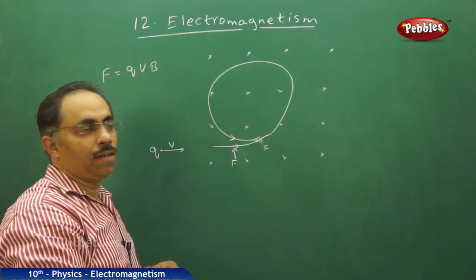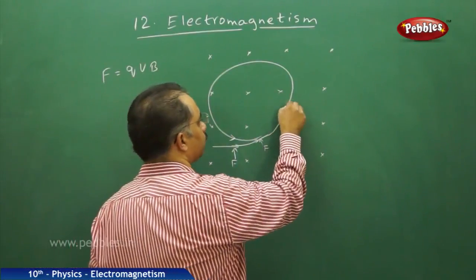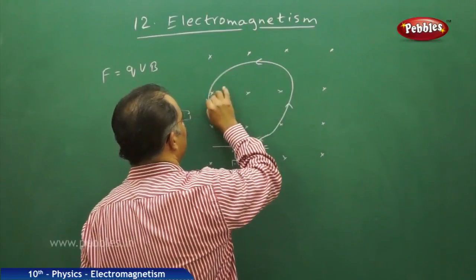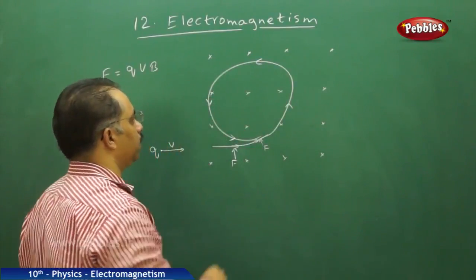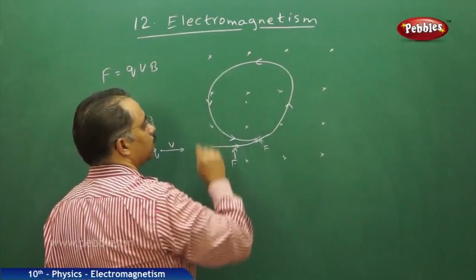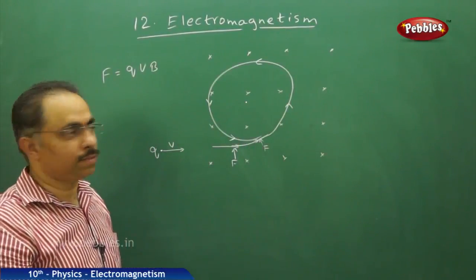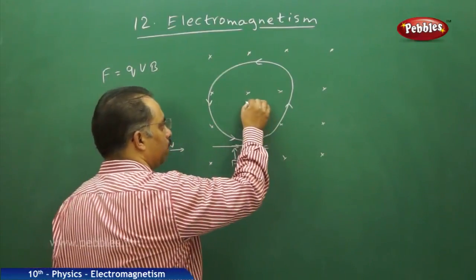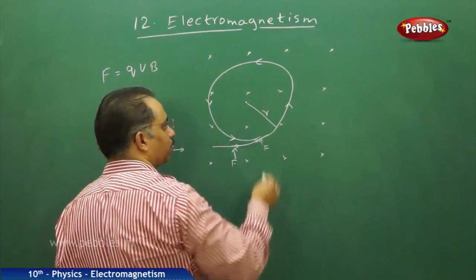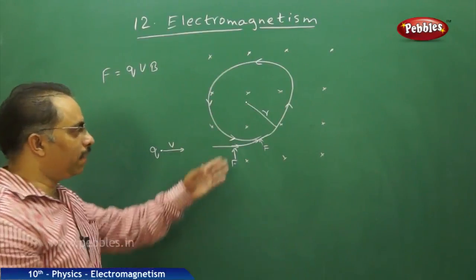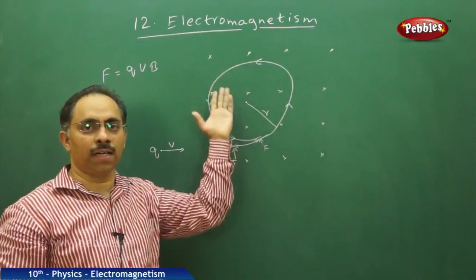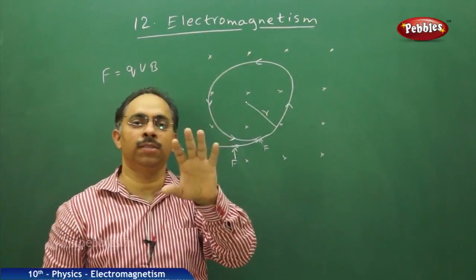Now when it is going in a circular path, let us assume this is a circle. I am a bit poor in drawing. So let us say this is the center of the circular path, and from this center I will take radius r. Whenever a charged particle is moving in a circular path, there is one type of force acting on it.